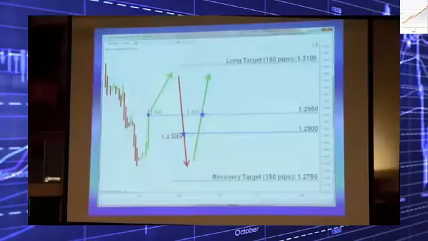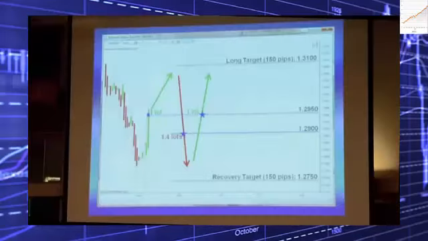So I got 1 + 1 is 2 going up. If I hit this target, then I will have 2 lots in profit, 150 pips, which is plus 300. Now I will have 1.4 lots, 200 pips down, which is minus 280.